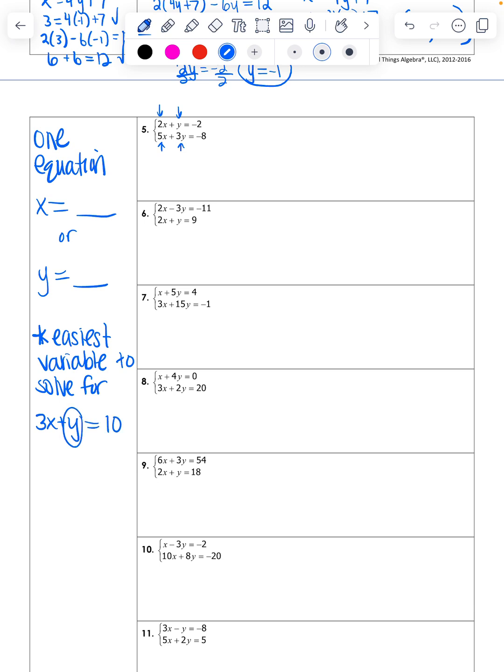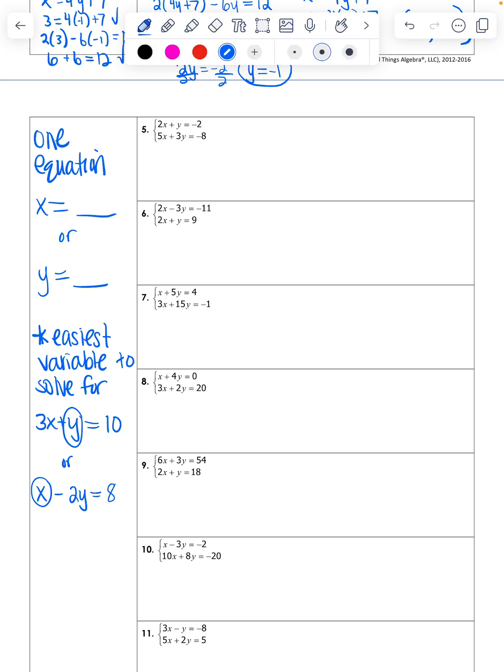Y would be an easy variable to solve for. Or maybe it says x minus 2y equals 8. I'm just making these up. That would be super simple to solve for. Why? Because anytime you have a single variable, 1y or 1x, you will not have to divide. So even though you will have to move things to the other side, you'll never have to divide by a number, which is fine to do, but sometimes it would incorporate fractions.